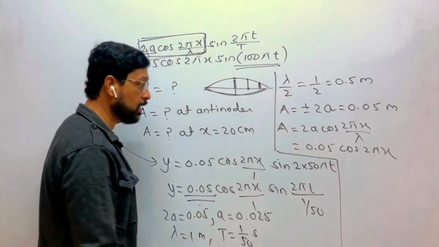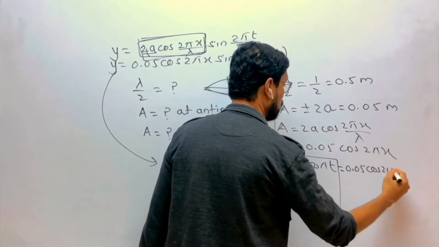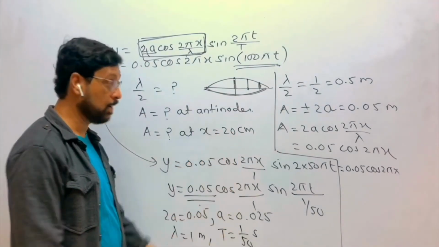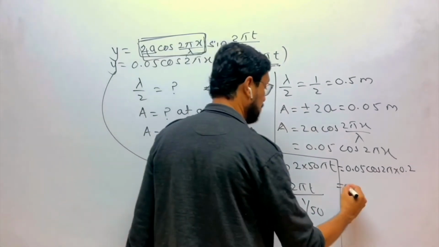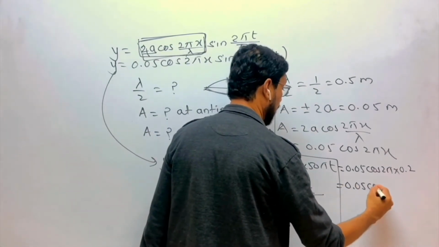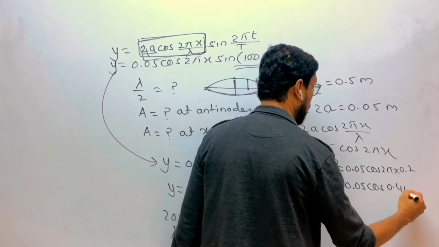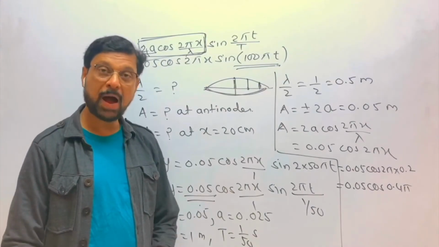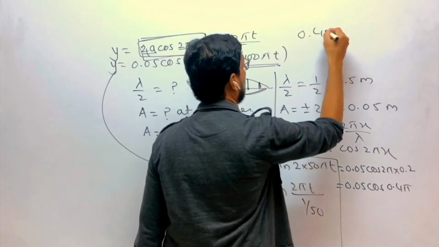Now put the values here. This will be equal to 0.05 cos 2 pi into x is given to be 20 centimeter, that is 0.2 meter, that is equal to 0.05 cos 2 into 0.2, 0.4 pi. 0.4 pi मतलब कितना? 0.4 pi.